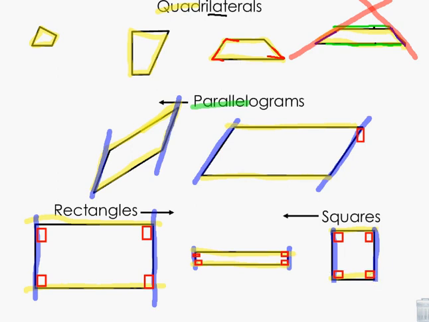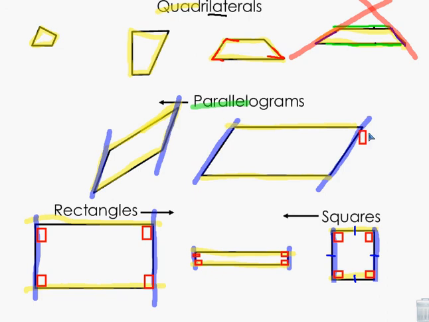But what makes a square really unique is that a square's sides are all the same length. So a square is a quadrilateral, it is a parallelogram, it is a rectangle. And because all four sides are the same length, it is a square.